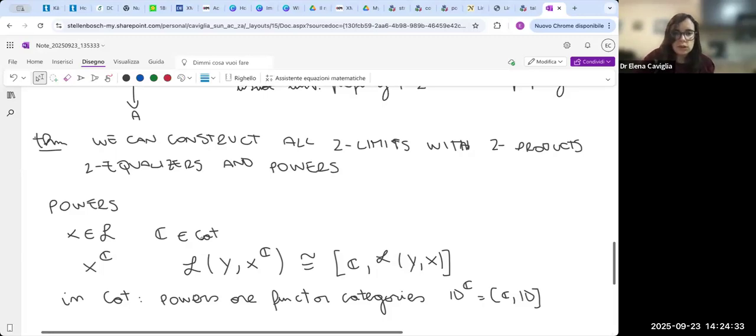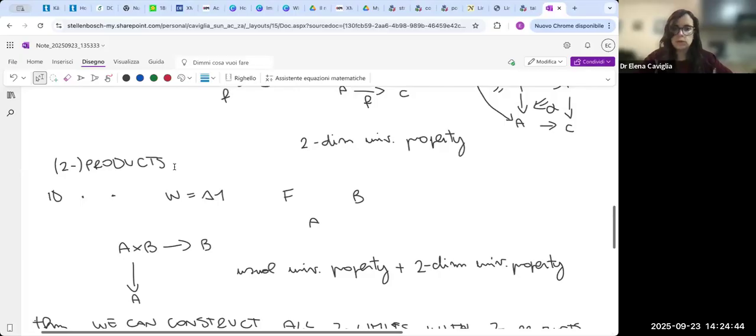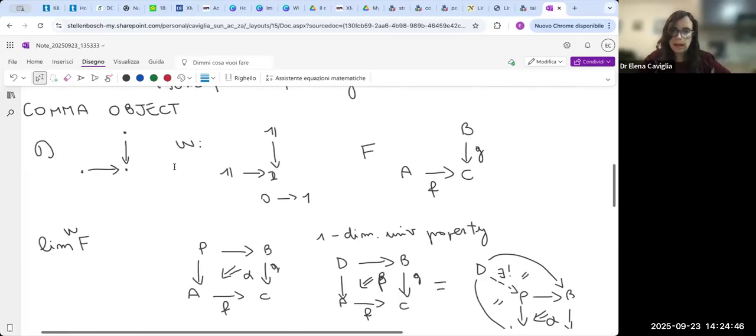Okay, so we briefly spoke about bicategories. So let me say just quickly what happens when we want to consider limits in a bicategory.